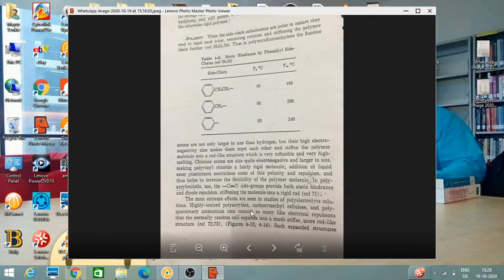So what happens basically when you study polyelectrolyte solutions, highly ionized polyacrylate, carboxymethyl cellulose, and quaternary ammonium ions? They contain so many electrical repulsions that the normally random coil expands into a much stiffer, more rod-like structure because of their polar side chains.